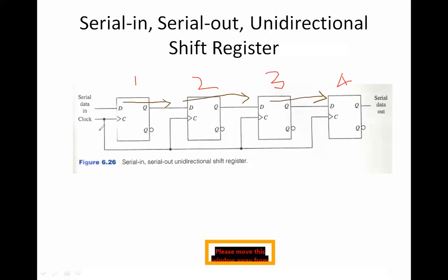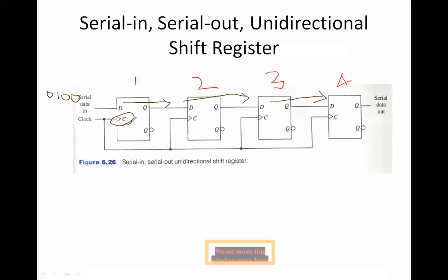Whatever data I'm giving here, let's say I'm giving 0, 1, 0, 0, I will be getting the same output here, bit by bit. So serially it goes, bit by bit. Ultimately, it's going to check for clock.